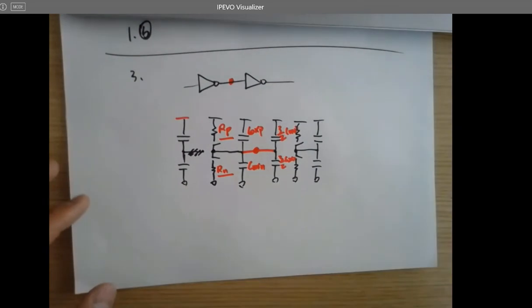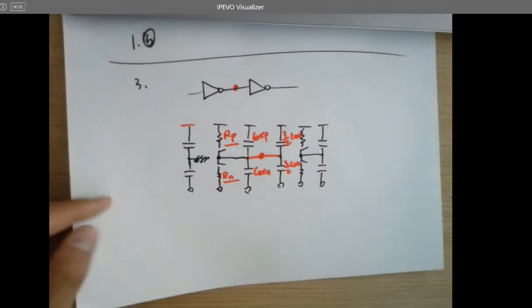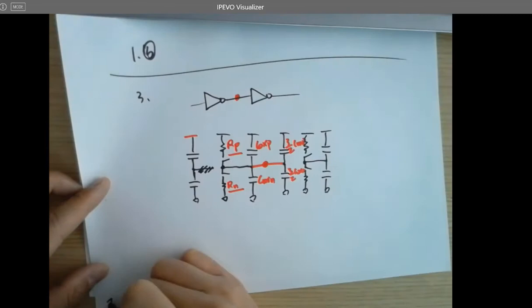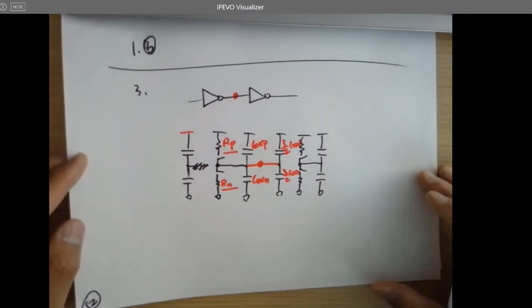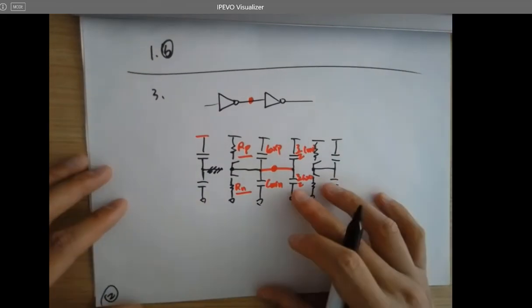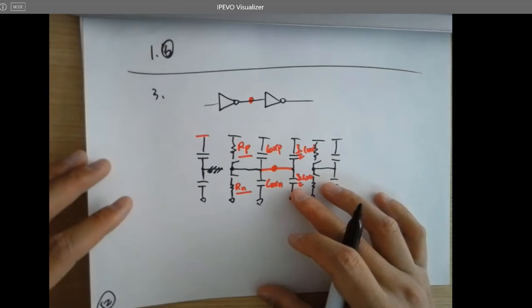Any other questions regarding homework 5? No? What is the calculation for average power? That's 25 microwatts.